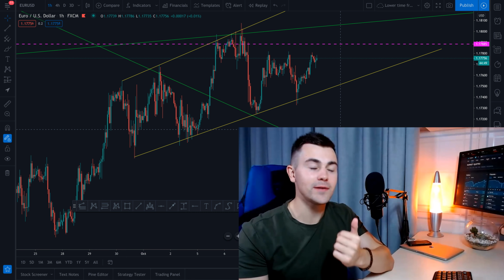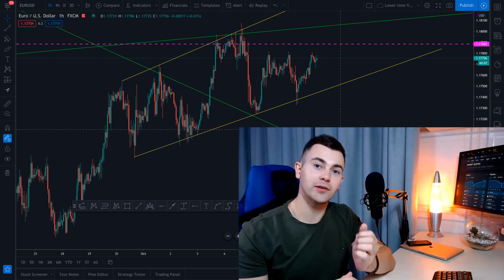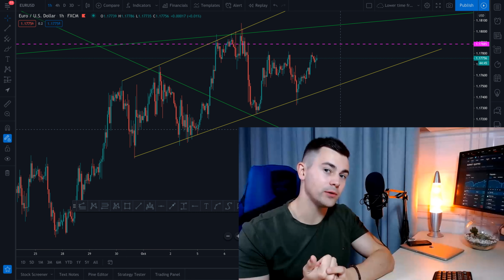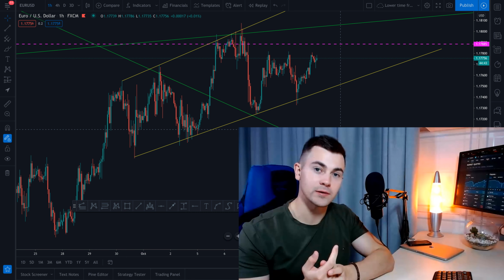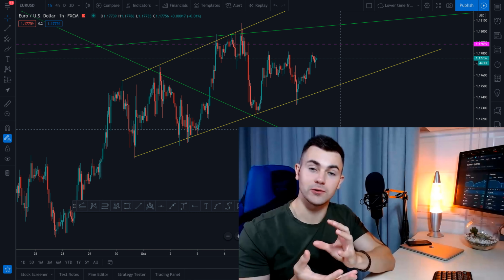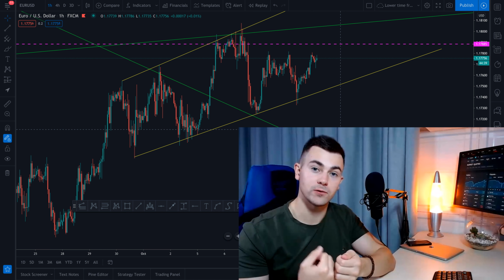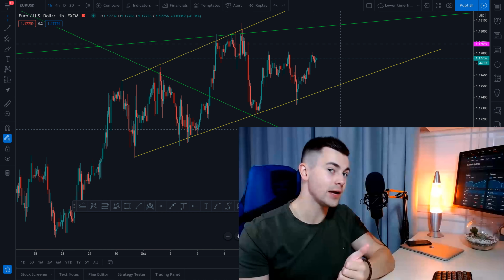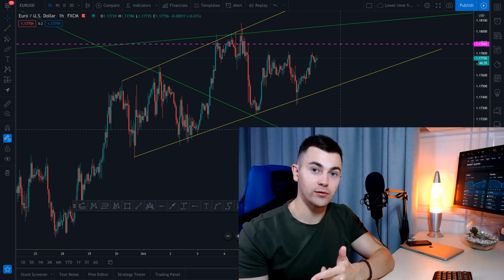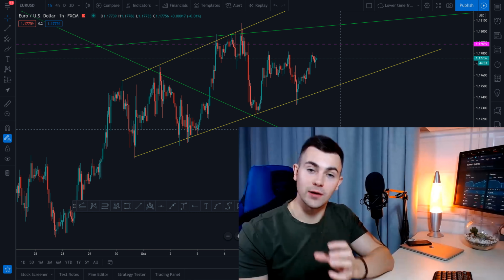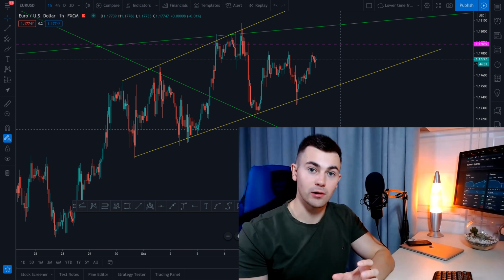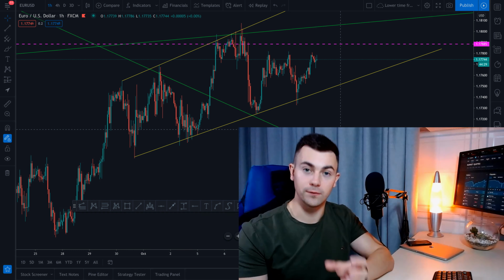So be very careful. Have different layouts for higher time frame analysis, lower time frame analysis, or even for different strategies. If you trade different strategies, for one strategy have one layout, for another strategy have another, because it is very important for us to have a clear chart to avoid confusion, right?